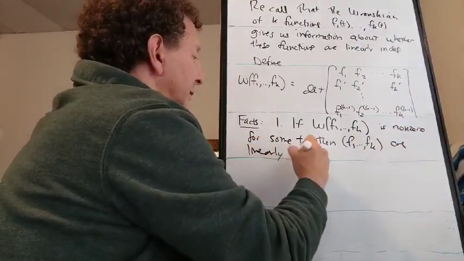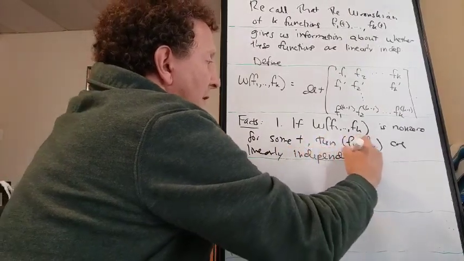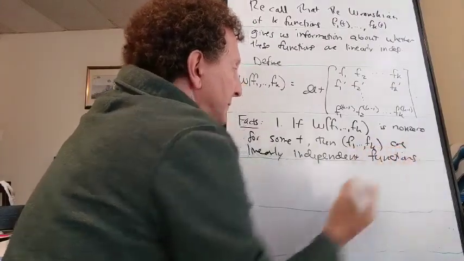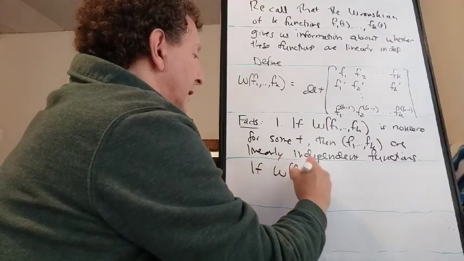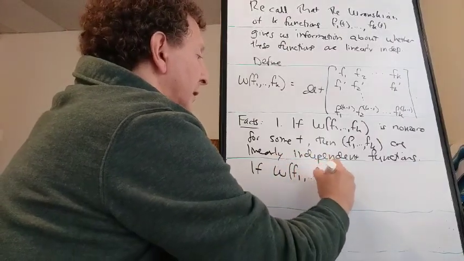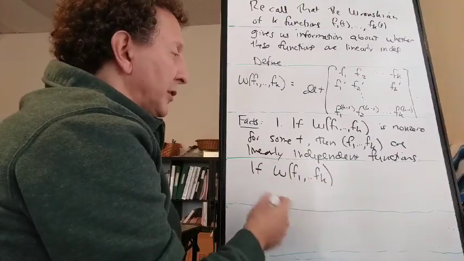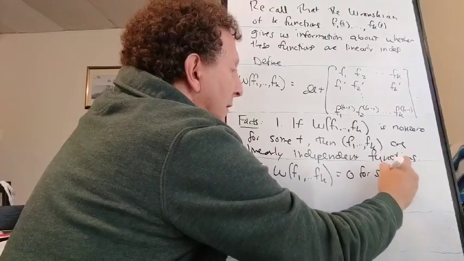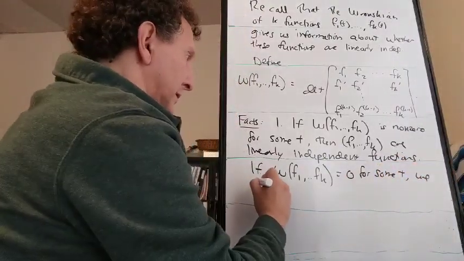So they're linearly independent functions. Now if we take this determinant and plug in a value of t and get 0, then we have no information.